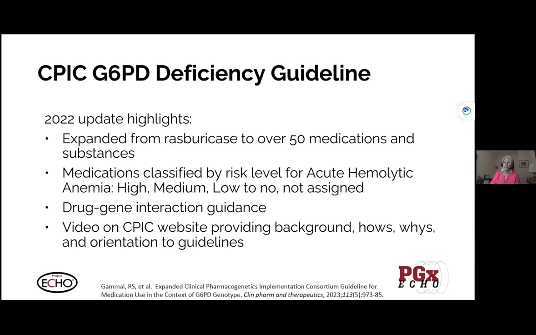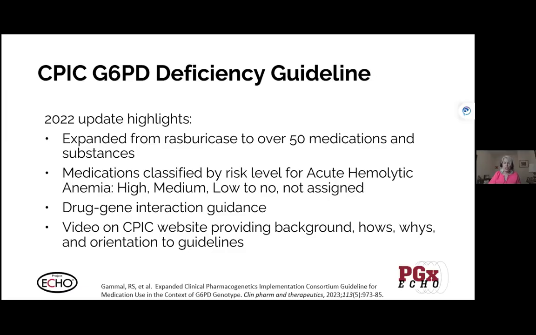The 2022 guideline was greatly expanded to include all those medications, about 50 of them, a little less than 50, I think actually, that were ever associated with possible G6PD hemolytic anemia risks. They reviewed the evidence on all of those. They classified them as high, medium, low to no risk or not assigned.